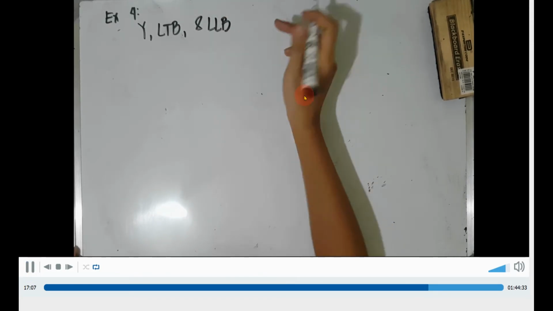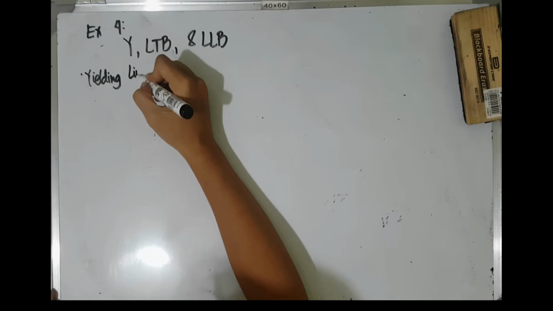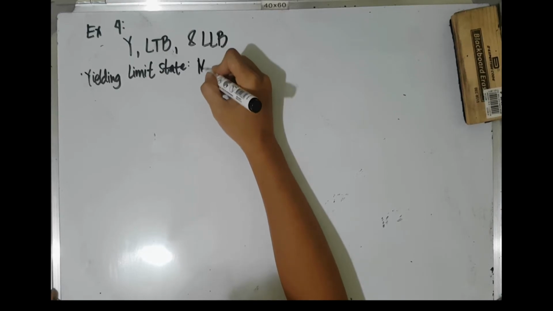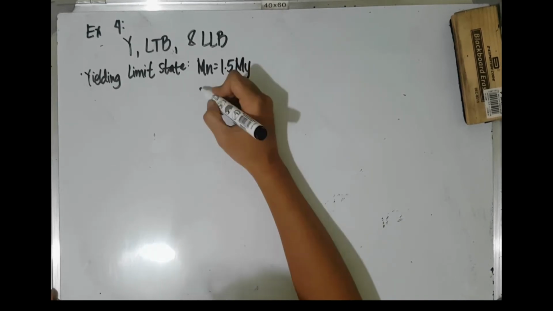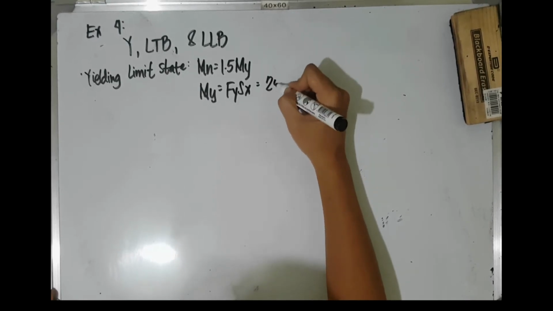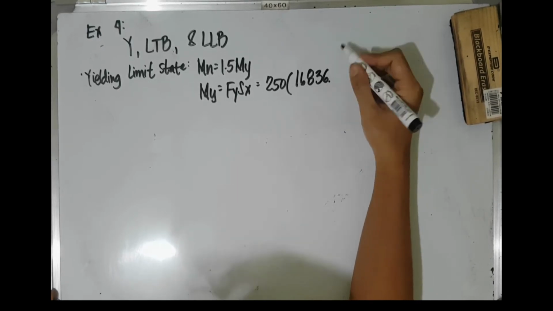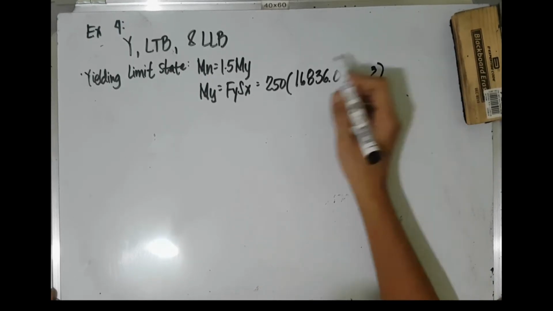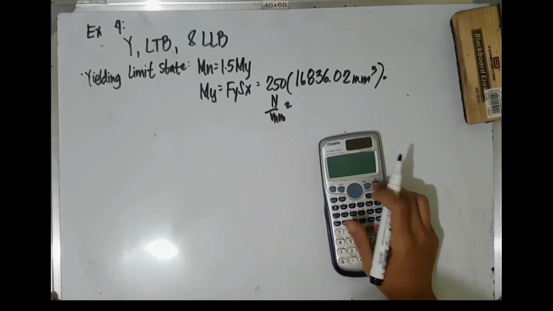to start with, we will begin with the yielding limit state, in which the nominal flexural strength is just equal to 1.5 multiplied by the yielding moment, in which our yielding moment, or My, is equal to the product of the yield stress multiplied by the section modulus, and the section modulus is equal to 16,836.02 millimeter cubed according to the steel handbook.